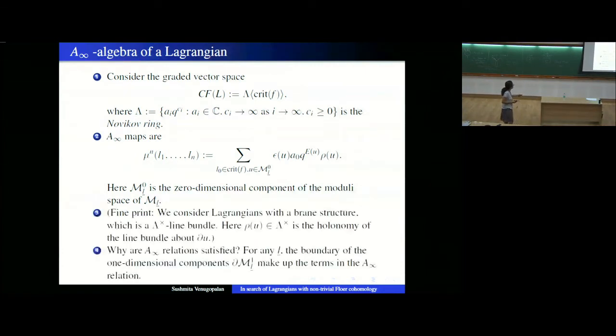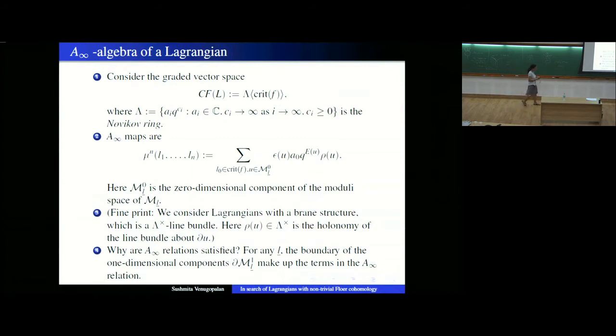So let me skip this point. This point 3 explains what this quantity rho u is, but let's skip that for now. It's just some element in the Novikov ring. But let me go to point 4, where I try to say why the A infinity relations are satisfied by these maps, which I've just described.